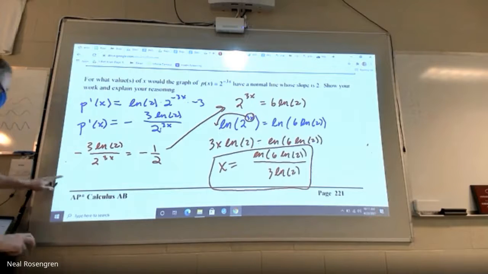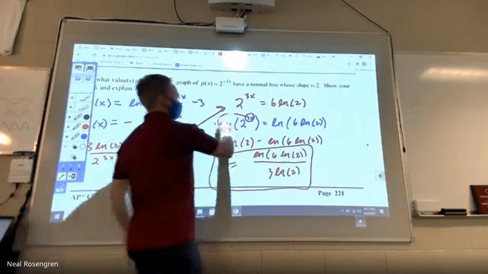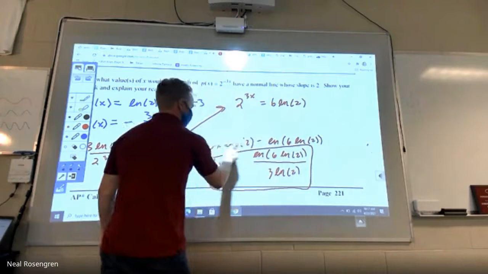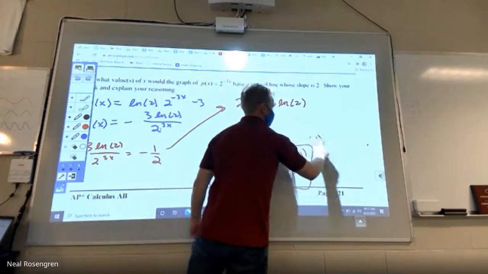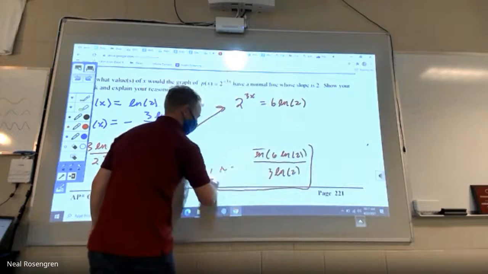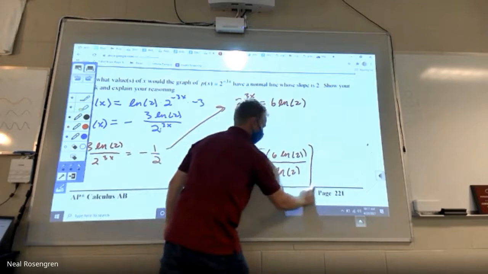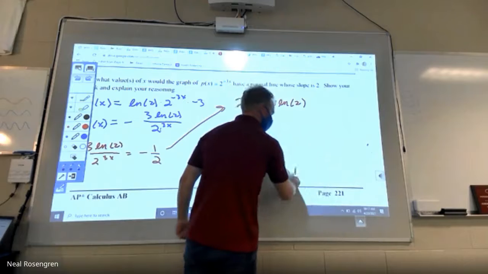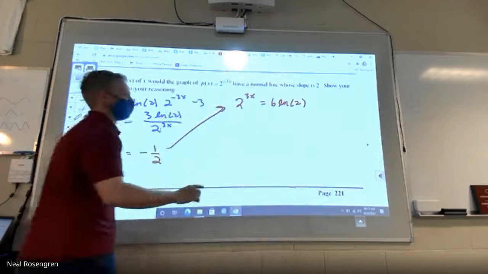Let's see what happens if I back the truck up a little bit. I'm going to go right here. And we take log base 2 of both sides. And I'm doing that because the base is 2. That's my exponent attached. And that'll hopefully get rid of all of the ln of 2's that I have floating around out there.